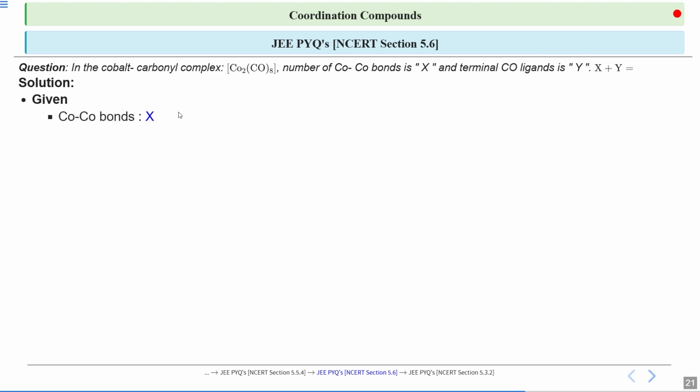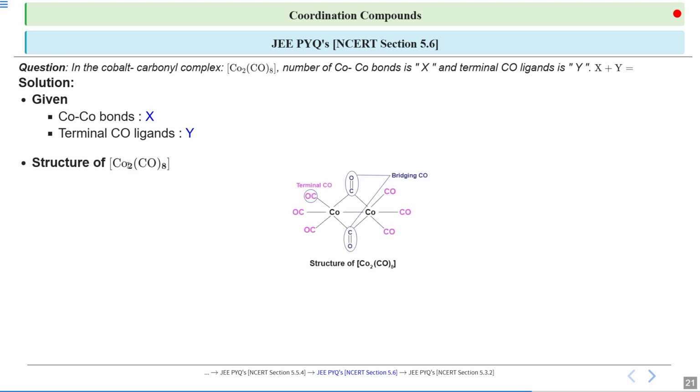The cobalt-cobalt direct bond is X and the terminal carbonyl ligands present is Y. If you see the structure of this complex Co2(CO)8, two cobalts are bonded together directly, and at each cobalt we have 3 terminal carbonyls present as ligands, and also 2 carbonyl ligands are present which bond with both the cobalts. We call these bridging carbonyls because they bridge these two cobalts.